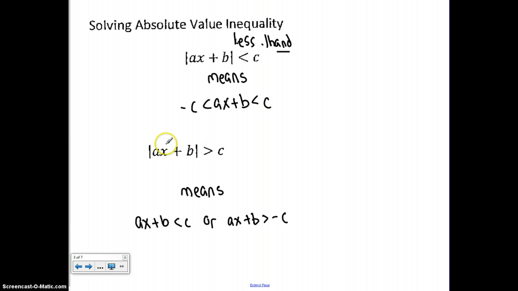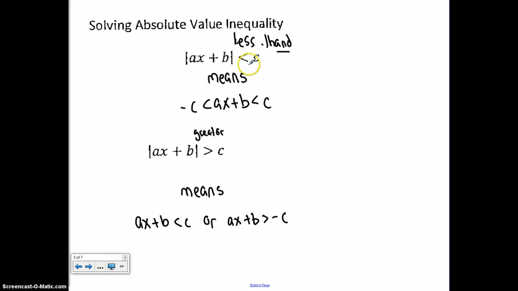Now, there's another way we can look at it. In this case, I have an inequality that's greater than c. So I want to find values that I can put in place of x that would make this absolute value greater than c, which means that I have to set ax plus b less than negative c, or ax plus b is greater than c.